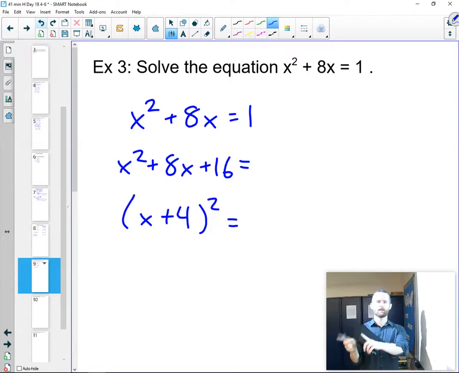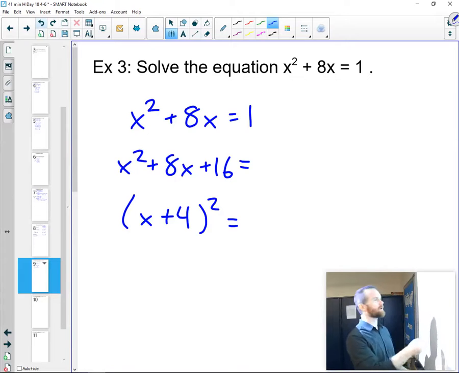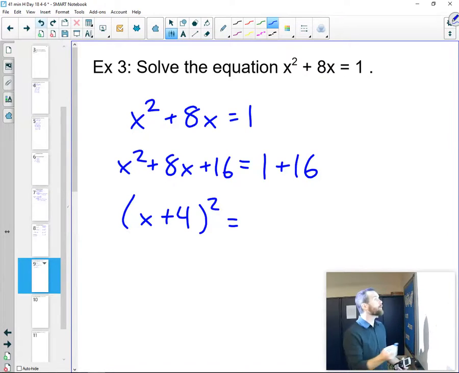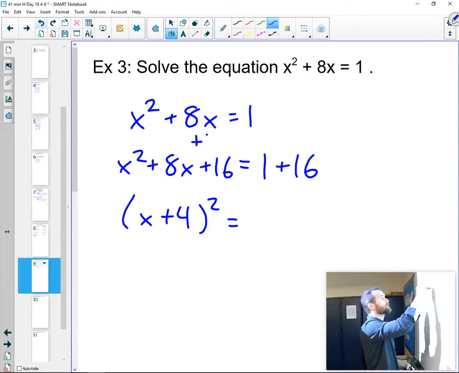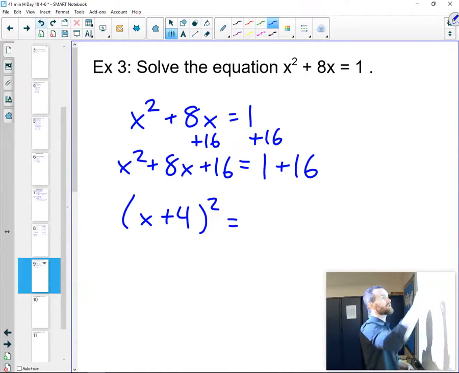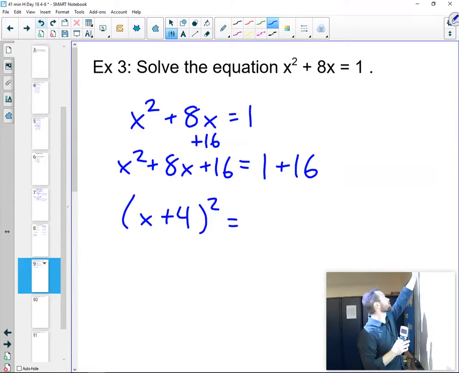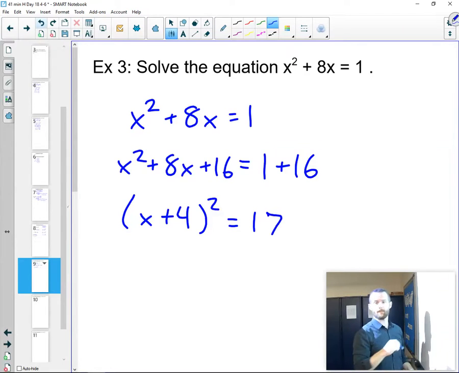Anything you do to the left side, you have to do to the right side as well. So if I added 16 on one side, I have to add 16 on the other. All we did here, x squared plus 8x, we do plus 16 on the left and plus 16 on the right. That's all we did there. So then we can rewrite the right side as 17.